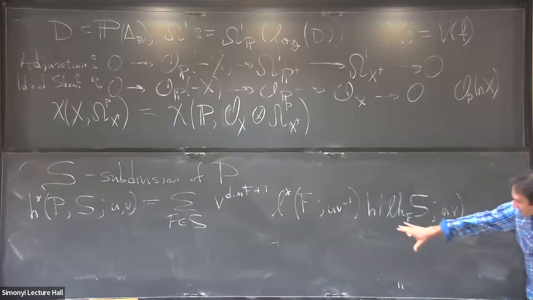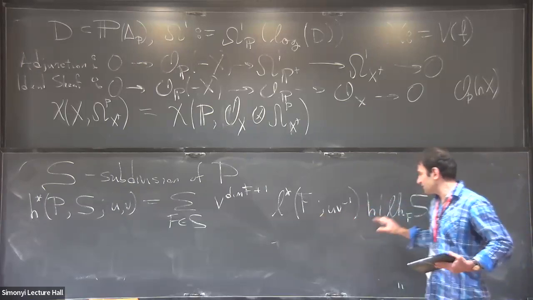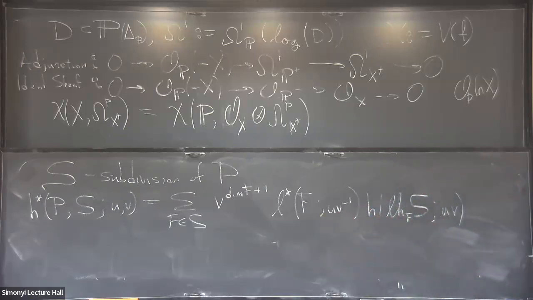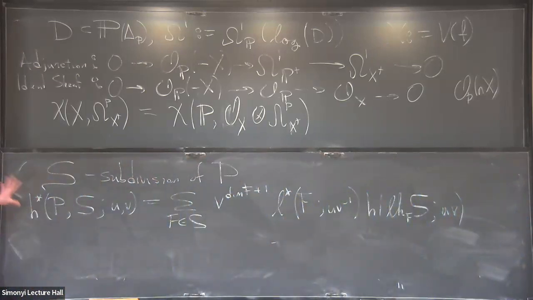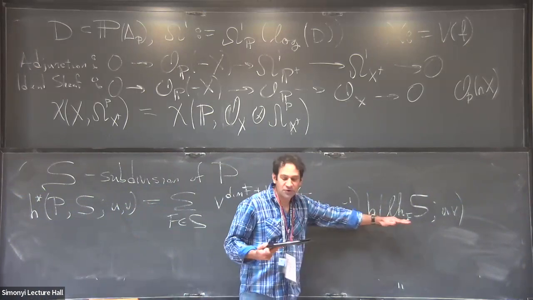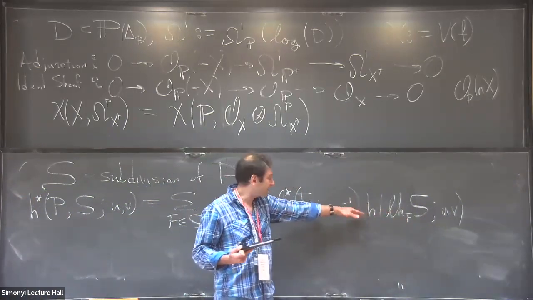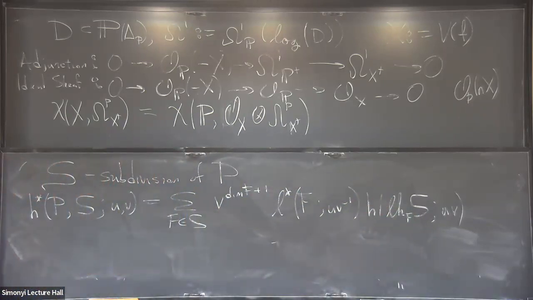All you need to take from this is that it's a 2-variable invariant, which tells you something about which lattice points lie in which faces. And somehow this is reassembling the H-star polynomial. This will specialize to the usual H-star polynomial. It's reassembling the H-star polynomial from the L-star polynomials of each face, together with a local term which measures how these faces intersect. So if you've thought about things like the Steenbrink spectral sequence for computing cohomology of generic fibers given a degeneration, this is somehow a combinatorial analog of it.